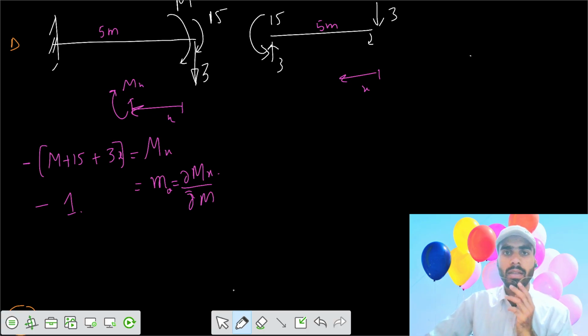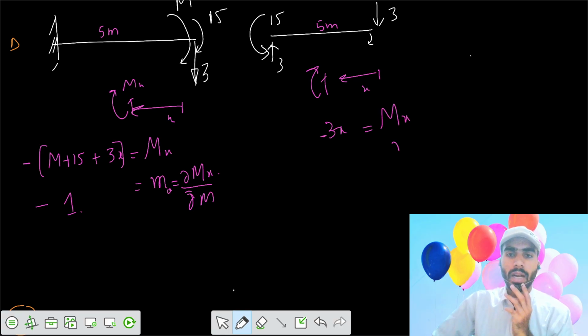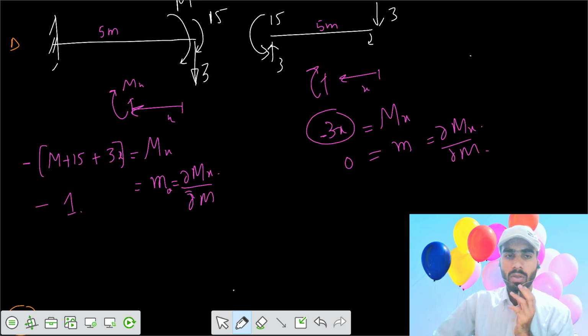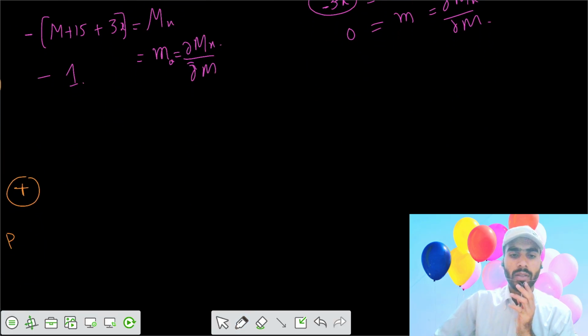And in this case, the moment at any x is 3 into x, equals moment at x minus times. So your m becomes 0, because there is no external pseudo moment m in this equation, dou mx by dou m. So contribution here from this part becomes 0. So if you say what is the value of theta, I can say theta equals 0 to L.